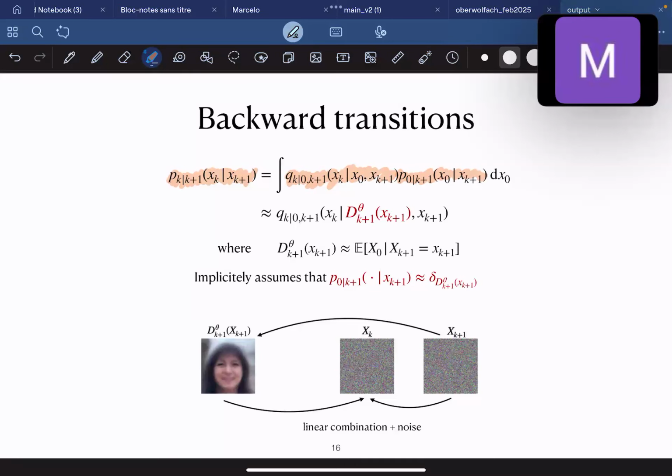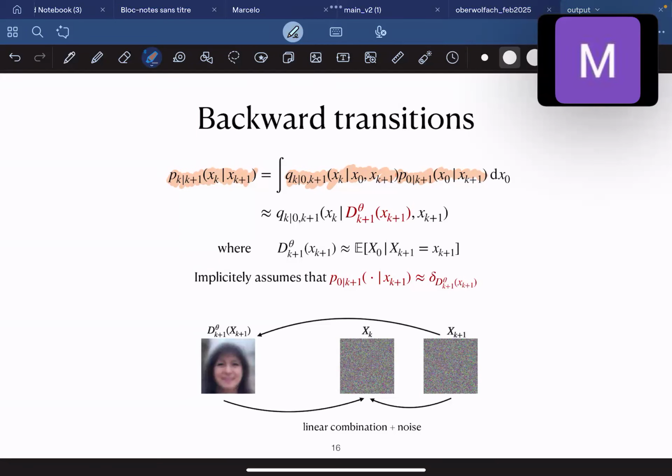So here, in fact, making the approximation that is conditional is approximately the bridge where you replace x0 by the denoiser. Here, you can see the approximation that is done in diffusion models.